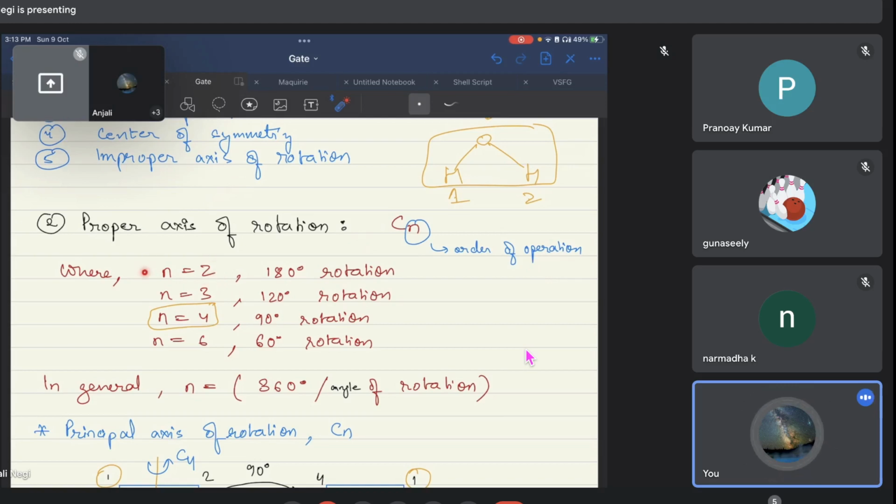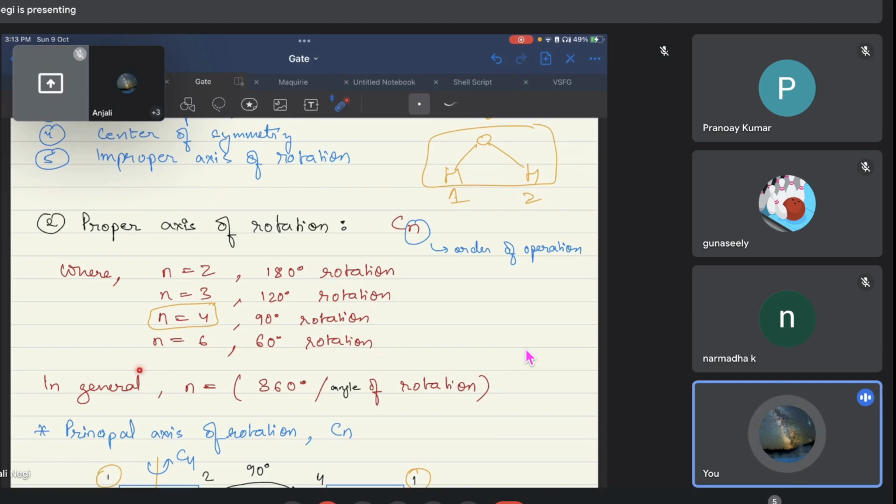For example, if n is equal to 2, the rotation will be 180 degrees about that axis, that is C2. n equal to 3 is a 120 degree rotation, that will be C3. n equal to 4 is a 90 degree rotation, and that axis will be C4. And n equal to 6 is a 60 degree rotation, and the axis will be C6.